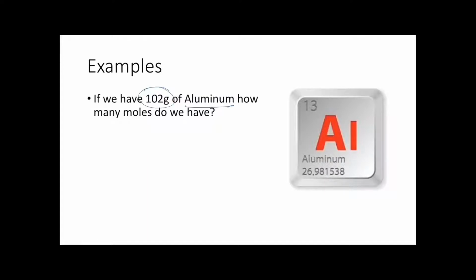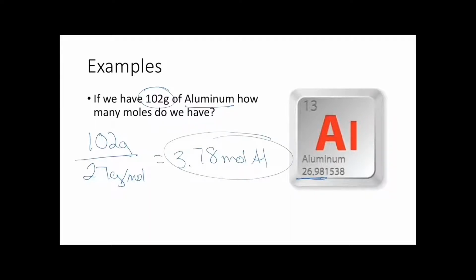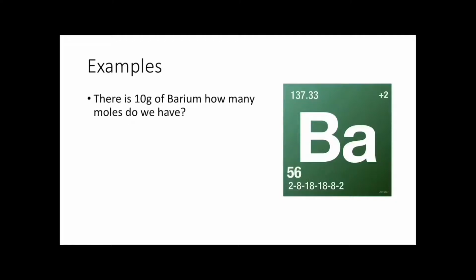Well, our steps are to take the mass that we're given, which is 102, and divide it by the molecular mass or the molar mass. So the mass of this is 26.9. Let's round that up to 27. And now take 102 divided by 27. This should give you 3.78 moles of aluminum.